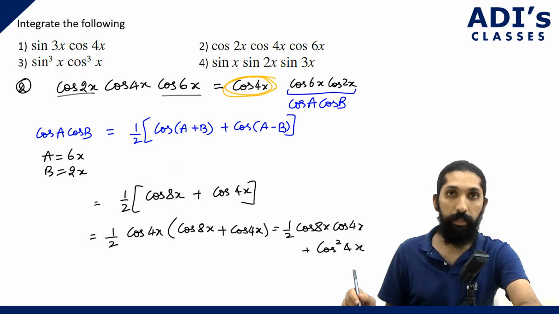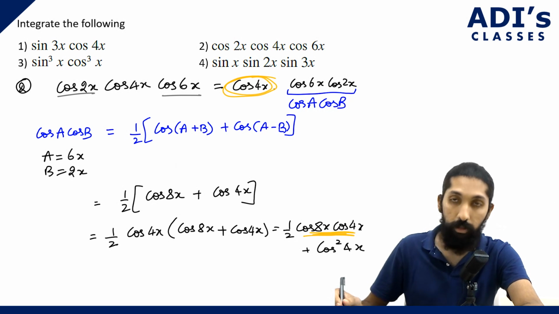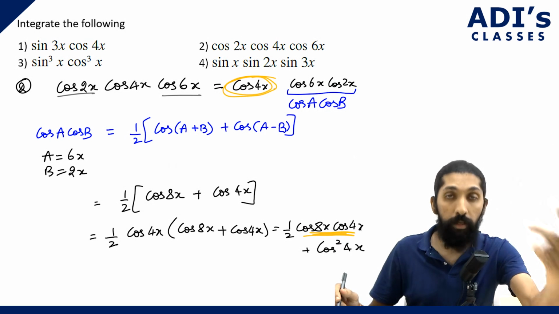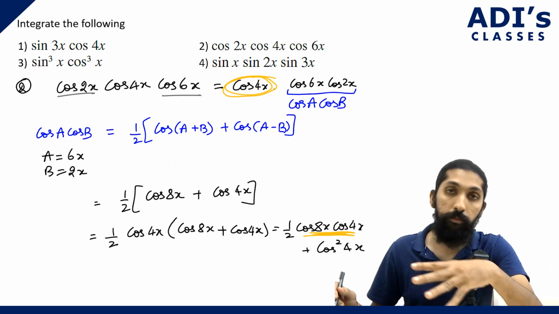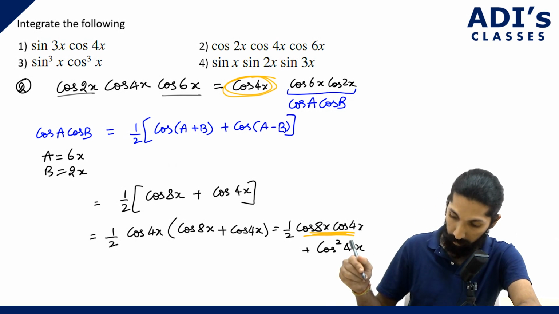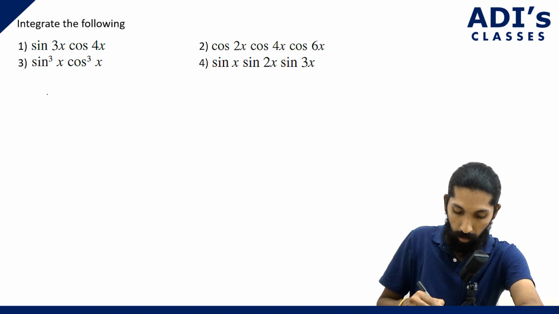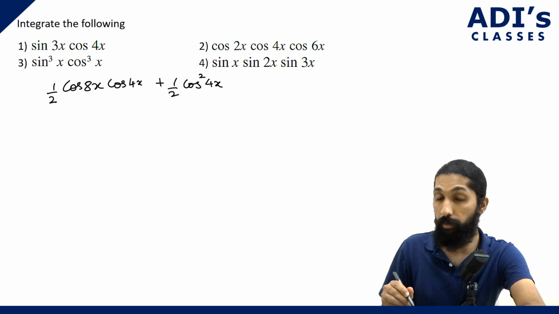Again, you cannot directly integrate because we have this cos 8x cos 4x, which is very similar to the one we have done so far. Again, we apply the transformation formula. Once you apply that, then we can integrate. So first let's do the simplification of this one. What you have is half of cos 8x cos 4x plus half of cos square 4x. Do not touch the cos square 4x, that we can do very easily.